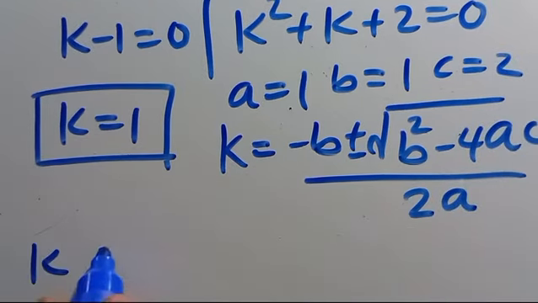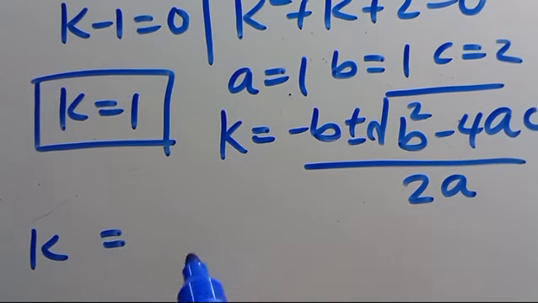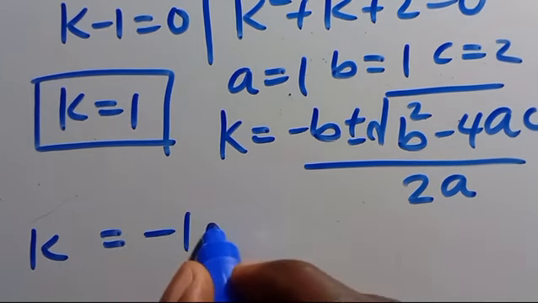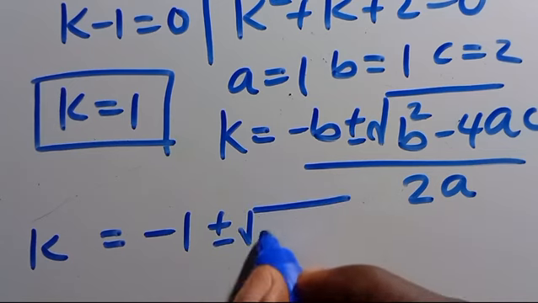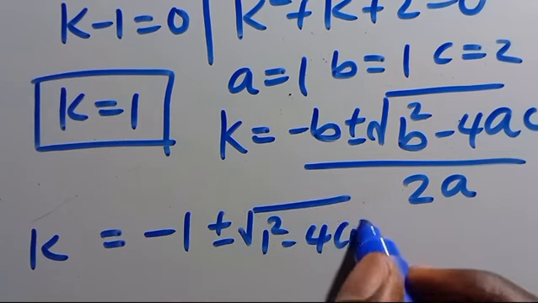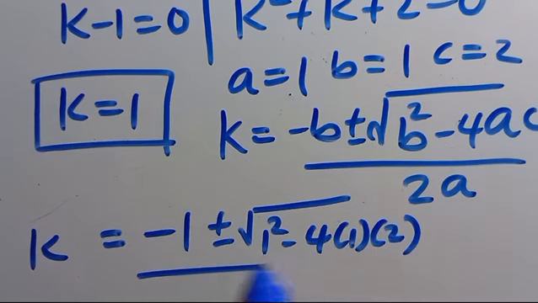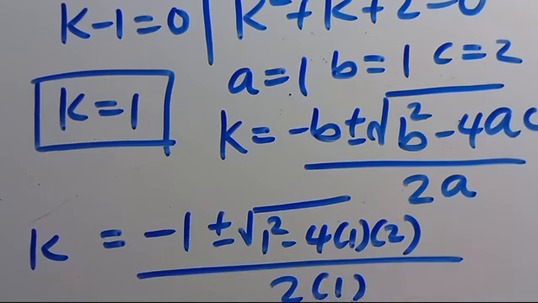So here we have k equals minus 1, positive or negative, square root of 1 squared minus 4 times a, which is 1, times c, which is 2, over 2 times 1.